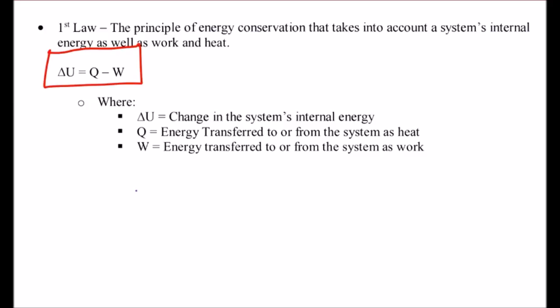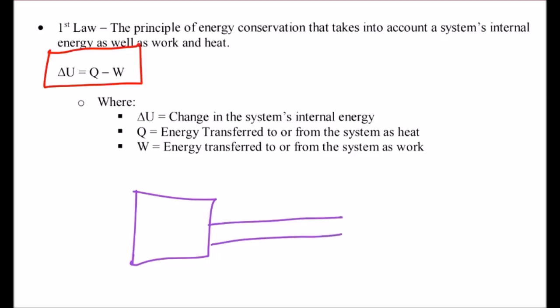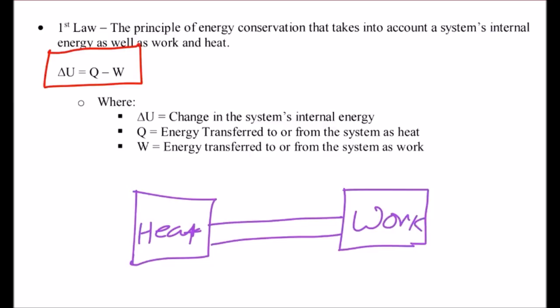And then I always have a little picture here that I draw, where we have heat on one side, and we have work on the other, and internal energy is kind of the bridge between those.